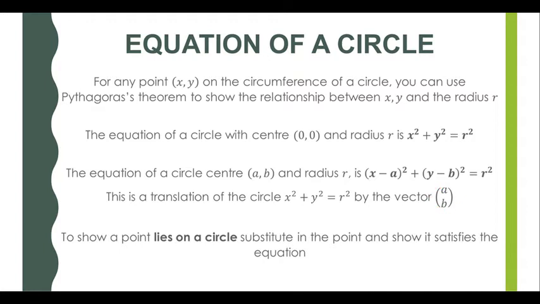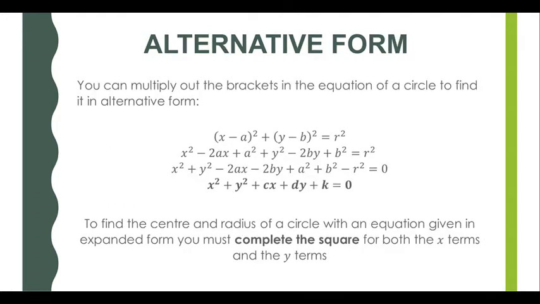To show that a point lies on a circle, substitute in the point and show that it satisfies the equation. You can multiply out the brackets in the equation of the circle to find it in alternative form.